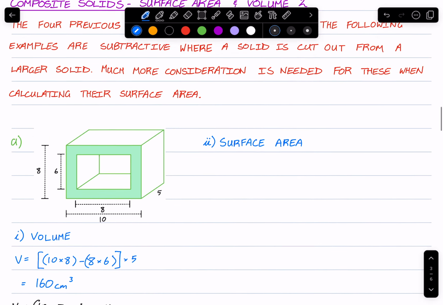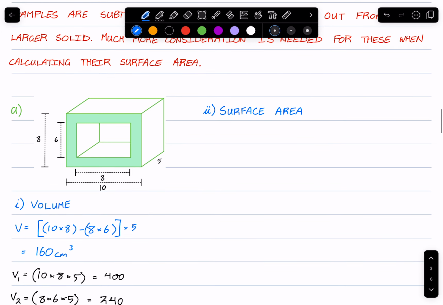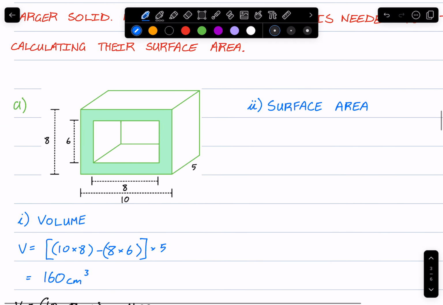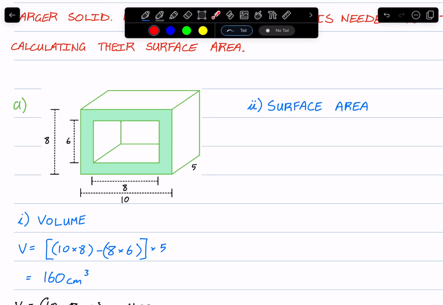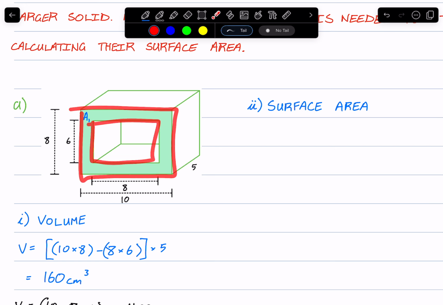Okay, so let's actually get straight into it. So for this one, I'm going to break this down. I'm actually going to approach the hardest shapes first. So I'm going to call area 1 that green one here. So it's going to be the larger area subtracted by the smaller one.